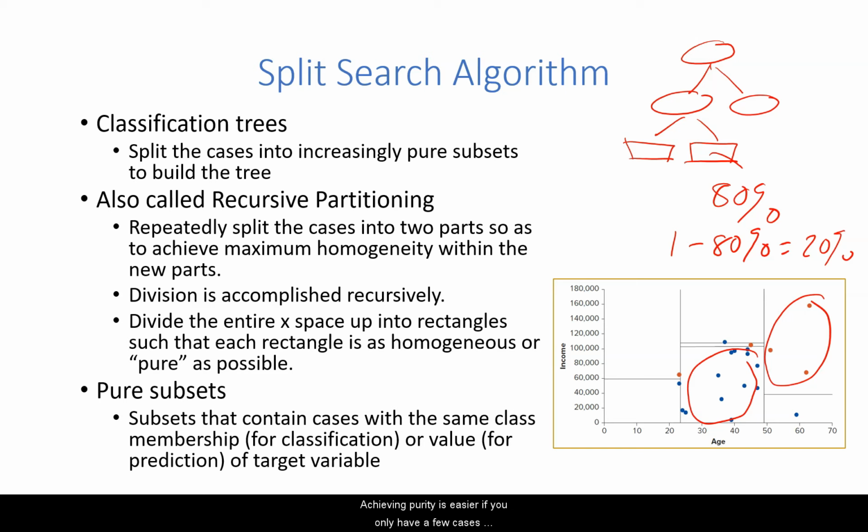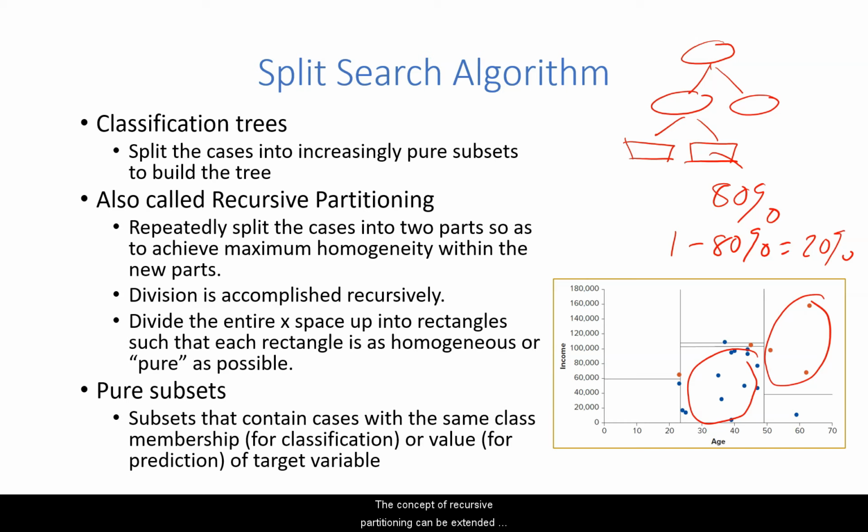Achieving purity is easier if you only have a few cases and a clear pattern, as you see in our dataset of 20 cases. But it becomes increasingly difficult when you have a large number of cases and ill-formed data patterns. Therefore, in some cases, achieving purity is not possible or very difficult.